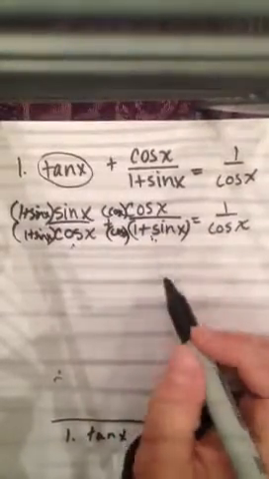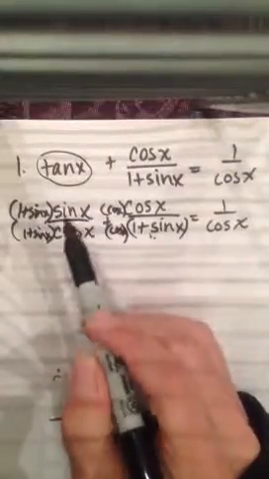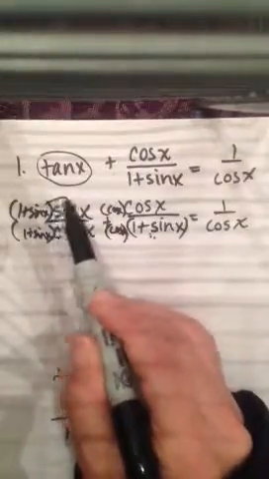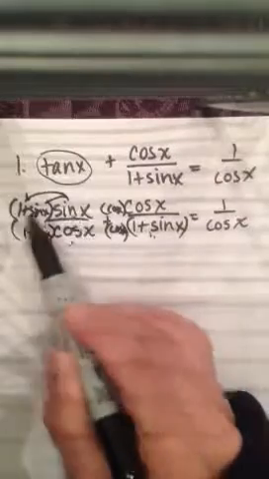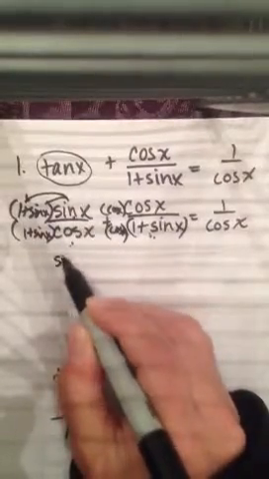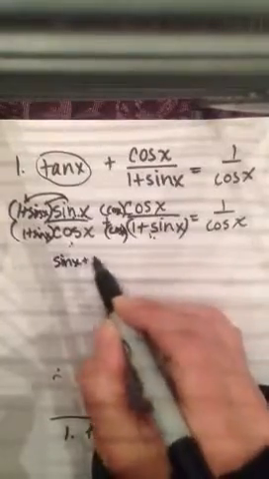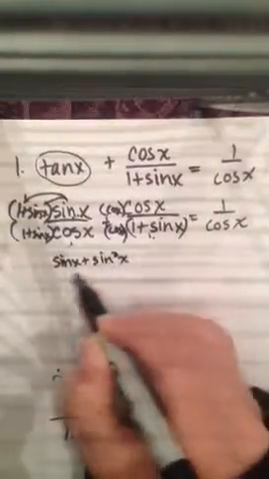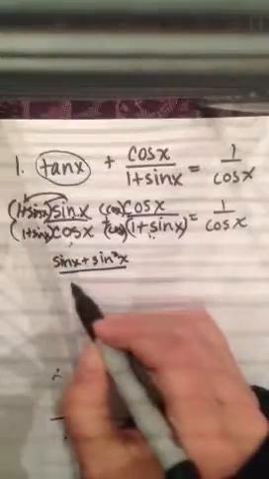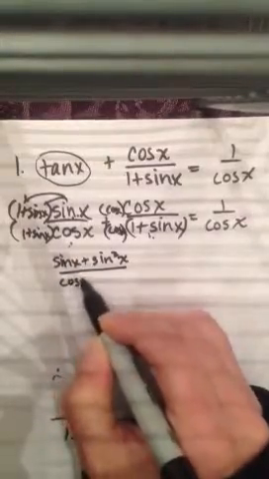Okay, so now let's simplify. You need to distribute this sine x to both of these things here. So when I do sine x times 1, that's sine x. When I do sine x times sine x, that is sine squared x over, and I'm going to leave this one like that, but I'm going to go ahead and put the cosine first.